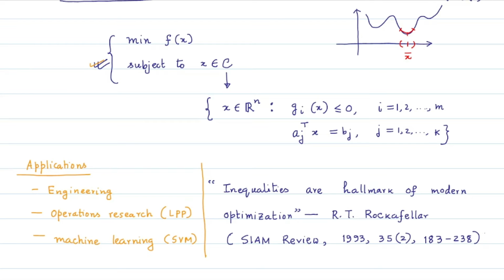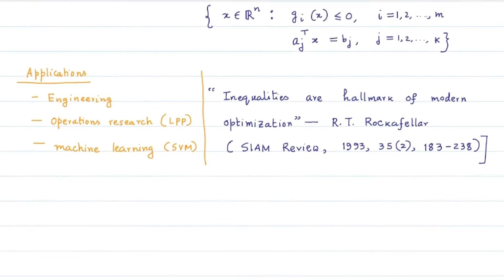In this lecture and in the next few lectures, maybe 3 to 4 lectures, we shall discuss the notions of convex sets and convex functions. Let me at first define what we mean by a convex set.